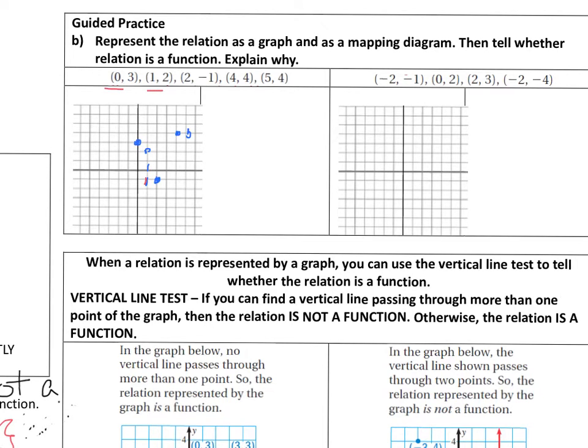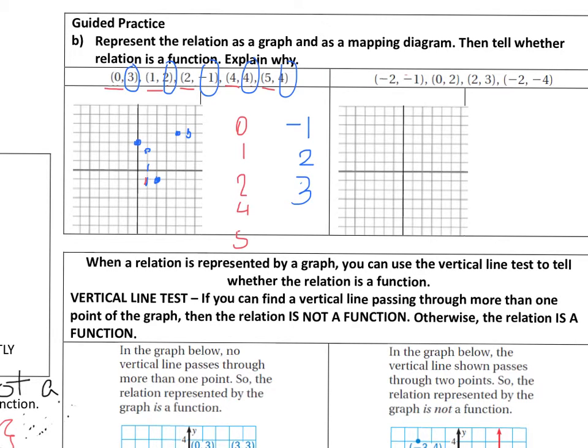Now let me do the mapping diagram. The inputs are 0, 1, 2, 4, 5, in order. And for the outputs, you have 3, 2, negative 1, 4, 4. So I'm going to do negative 1 first, 2, 3, and then 4. Don't have to write 4 again.